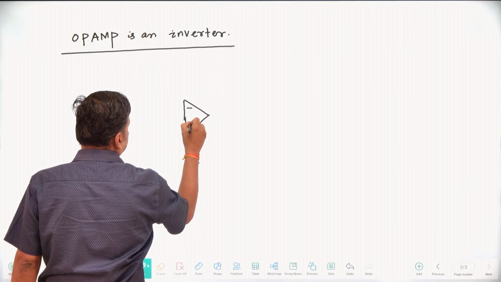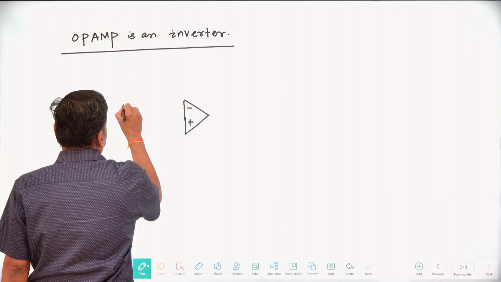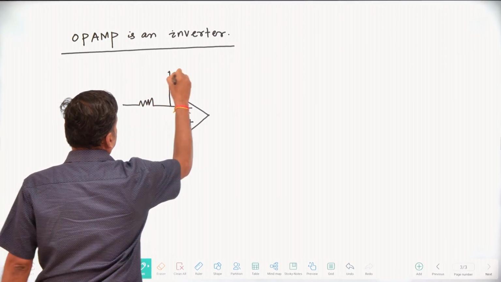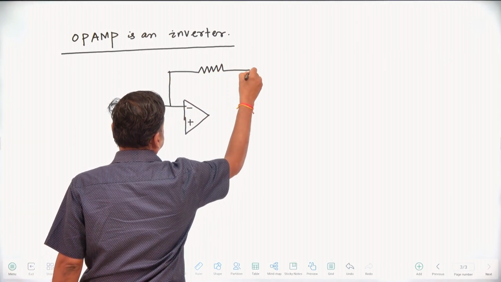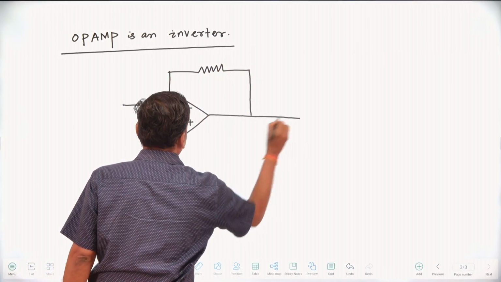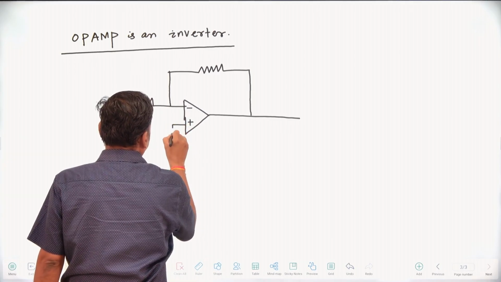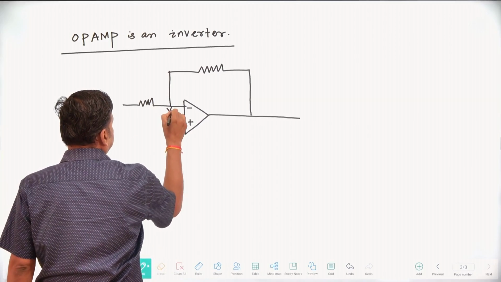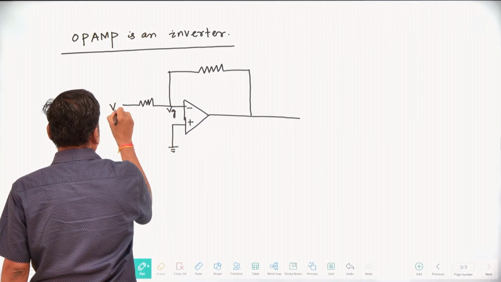This is your minus terminal and this is your plus terminal. Due to the virtual ground concept, this potential is 0. Let this be Vg and this be Vi.